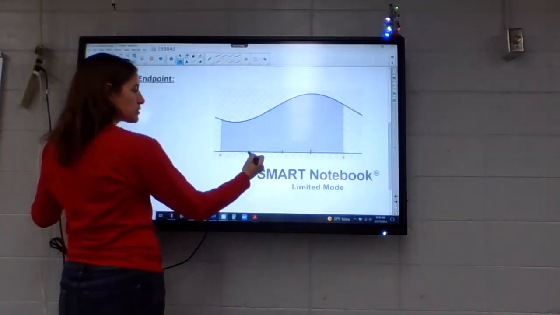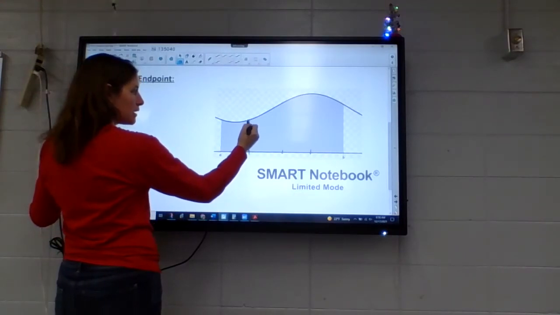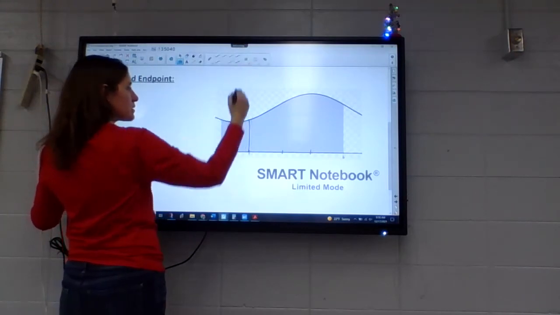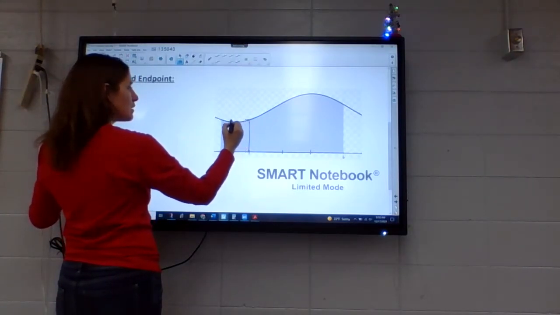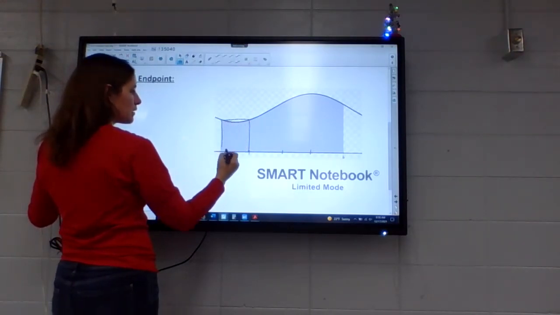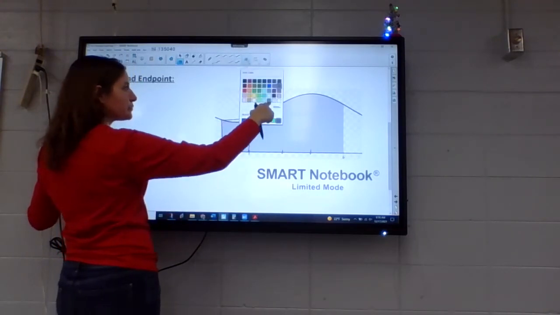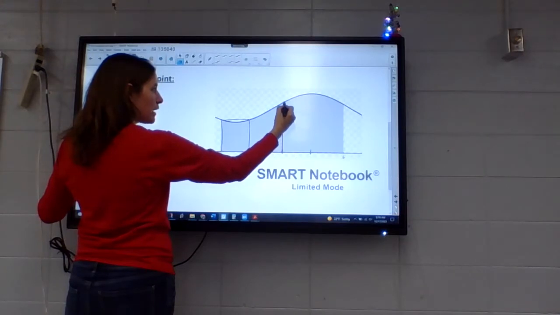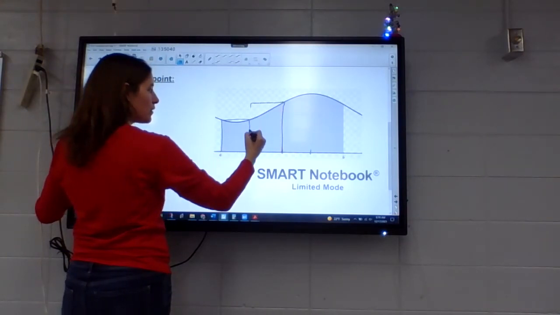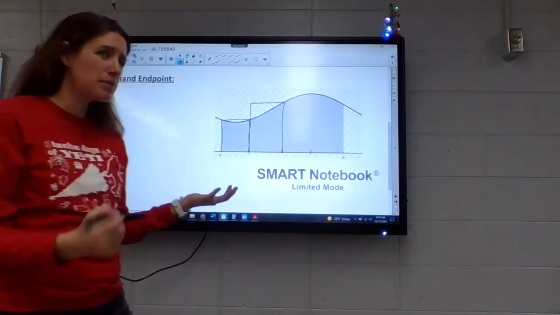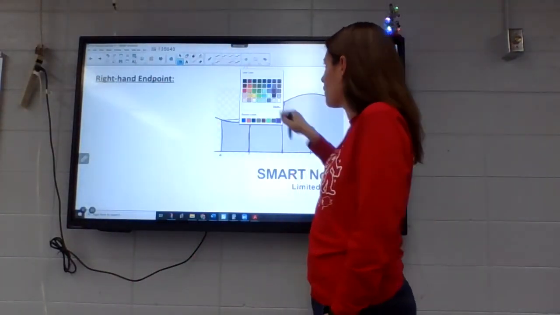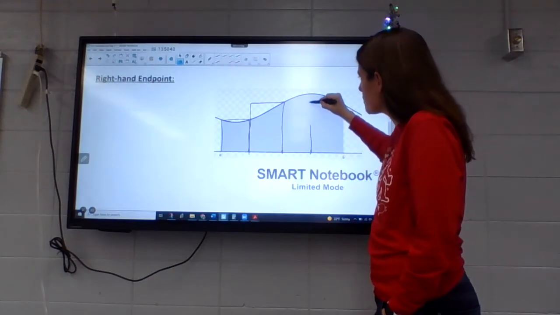So we go straight up from the right and then go over. Straight up on the right and then go over. And again, sometimes a right-hand endpoint is going to make more sense than a left. Usually it really is more about how many rectangles you use.